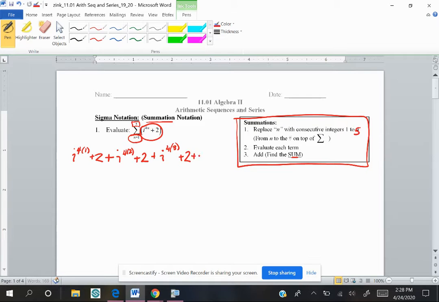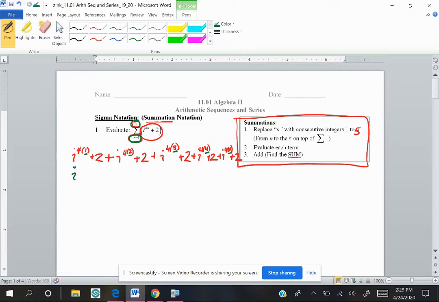Then after 3 comes 4, so 4 times 4 plus 2. And then lastly, i to the 4 times 5 plus 2. So this right here was my n value, and it just went up by ones from 1 and stopped at 5. I subbed it in for the n's, and now I'm going to evaluate.